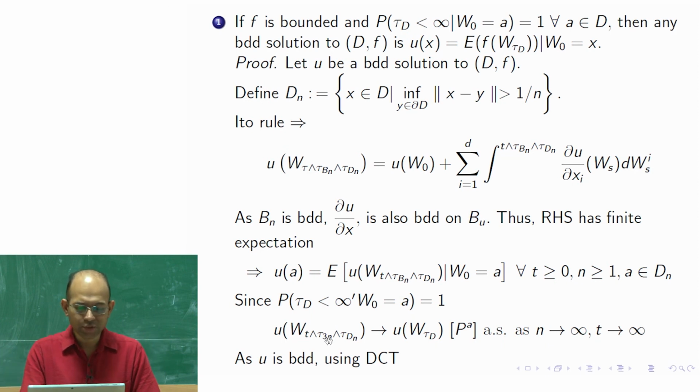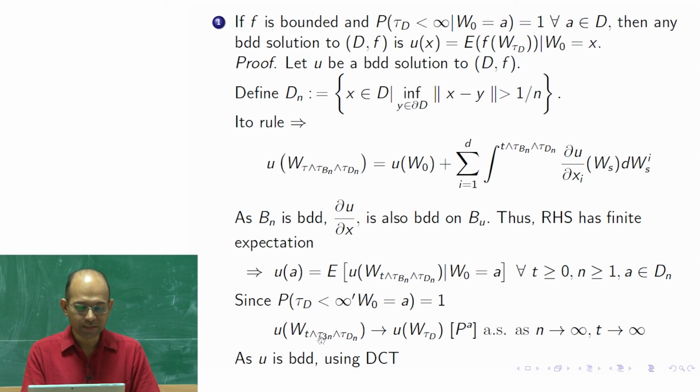So, as n tends to infinity, this τ_Bn becomes larger and larger, and also as n tends to infinity, t also becomes larger and larger. So, if you now consider the minimum of these three things, then τ_Dn becomes the minimum.